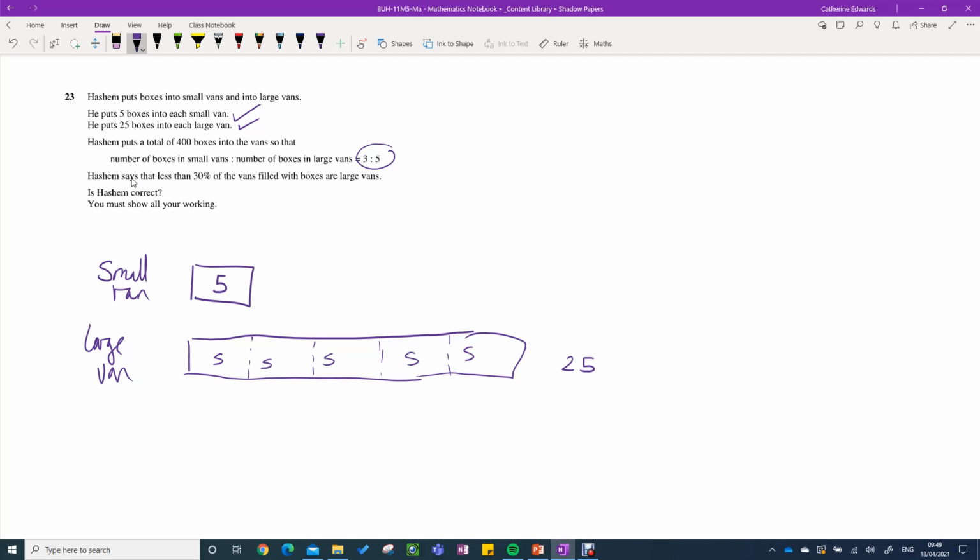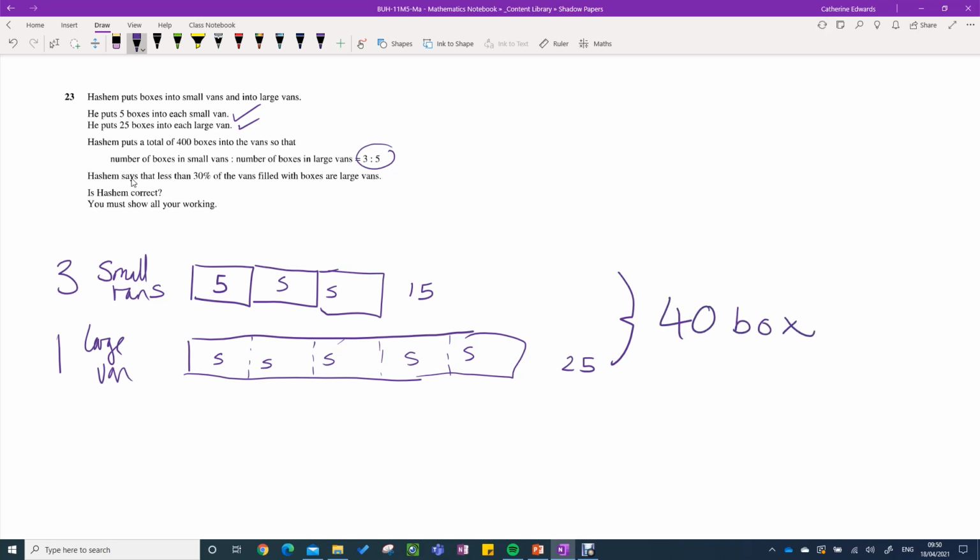Well, I've got 1 to 5, so clearly I need 3 small vans for 1 large van. And now I've got my 3 to 5. And I can see that that is 40 boxes.